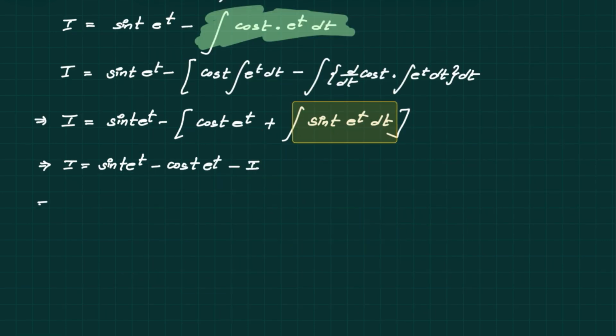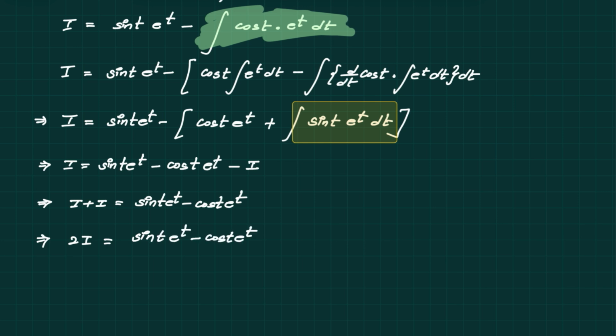So from here, I plus I equals sine t e to the power t minus cos t e to the power t, and hence I plus I, that is 2I, equals sine t e to the power t minus cos t e to the power t.